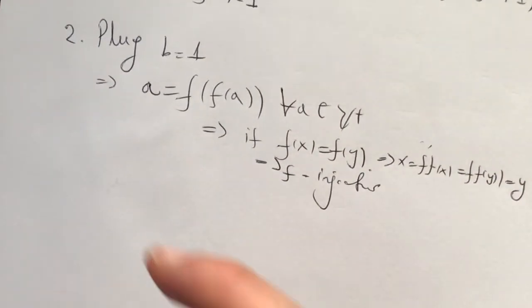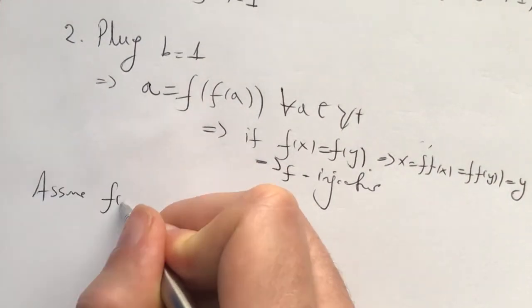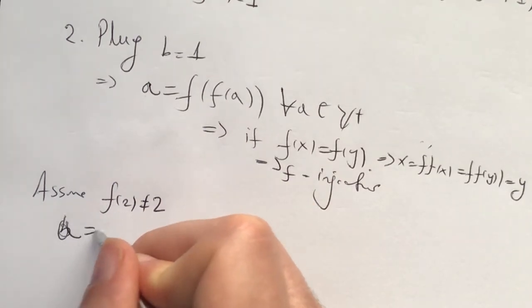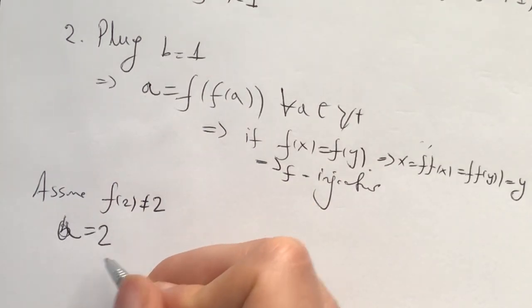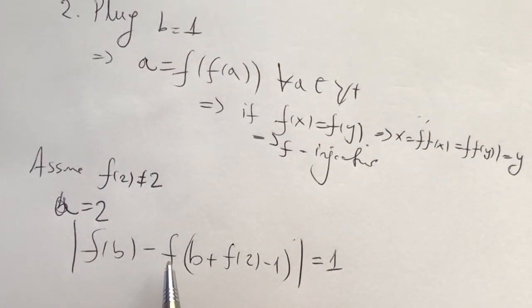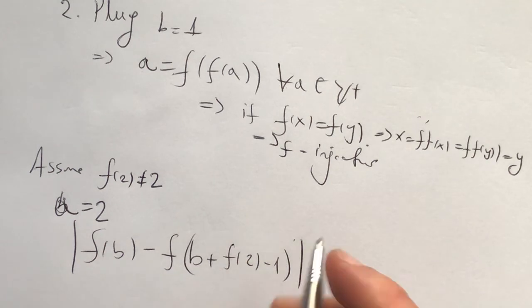Now from here, assume f of 2 isn't equal to 2. Now plug a equals 2, and what we get is that the absolute value of f of b plus f of 2 minus 1, minus f of b, is equal to 1 for all b.